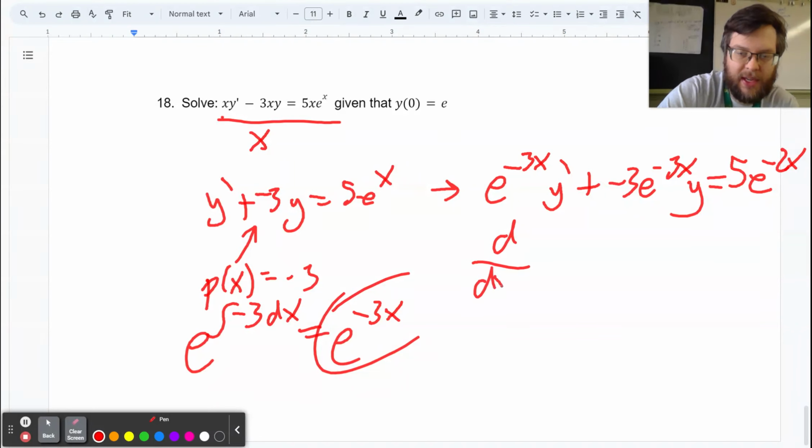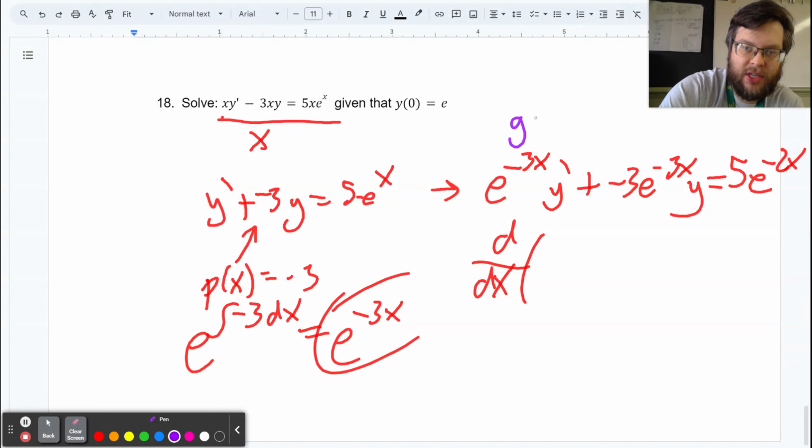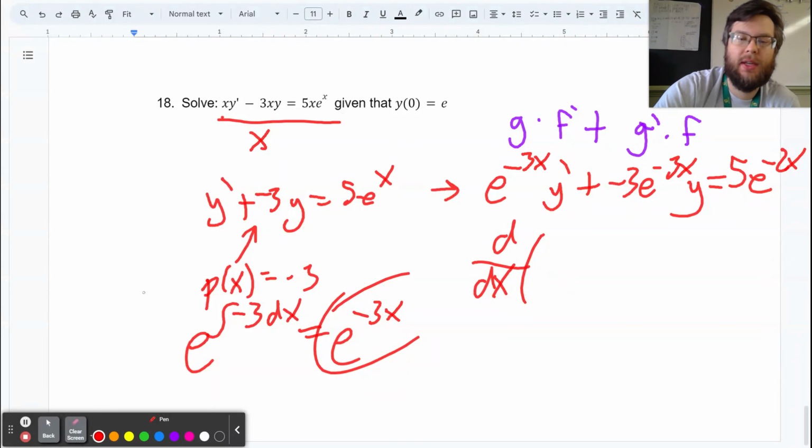The left-hand side is a product rule. Notice that this right here is like g times f prime plus g prime times f. Okay, so I can write it as the product rule then of e to the negative 3x times y.